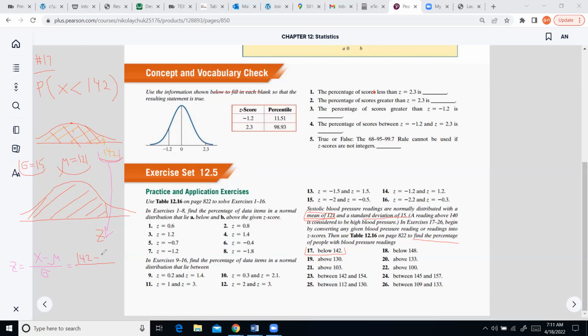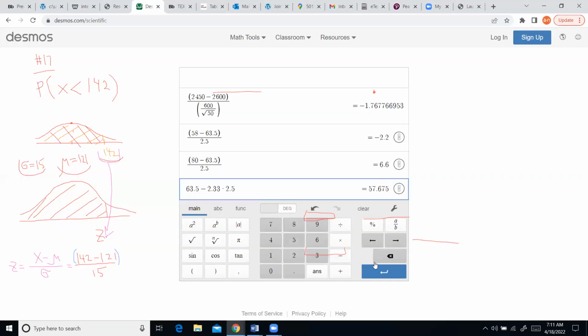142 minus 121 divided by 15. And I will use a calculator so I can also make sure I do it right. Put parentheses around my numerator. So let's do it.